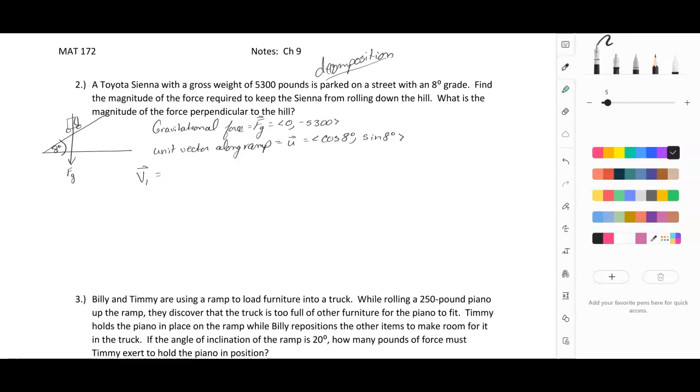So let's find V1. So it's that gravitational force dotted with vector u, over the magnitude of u squared, times u.